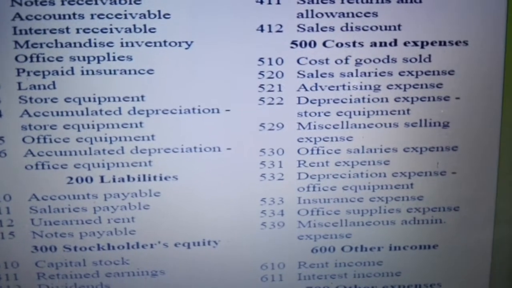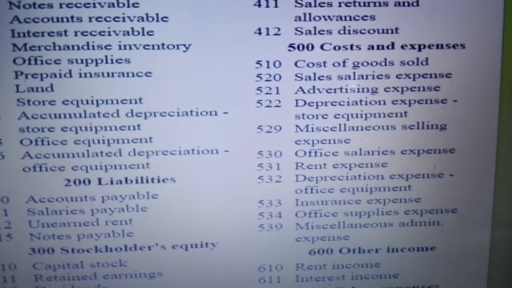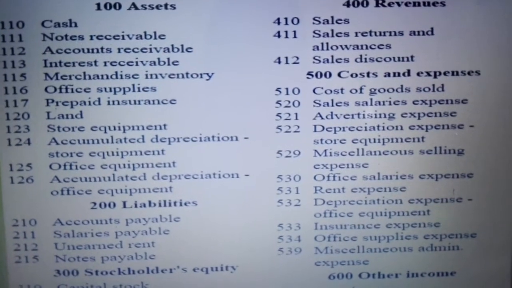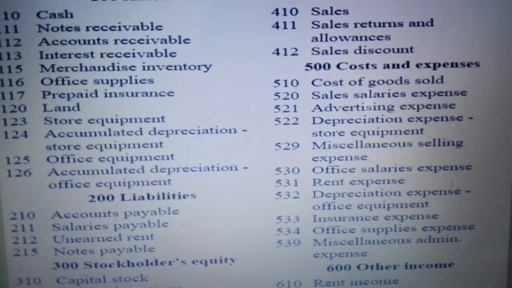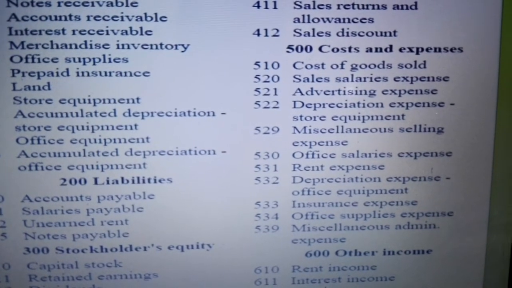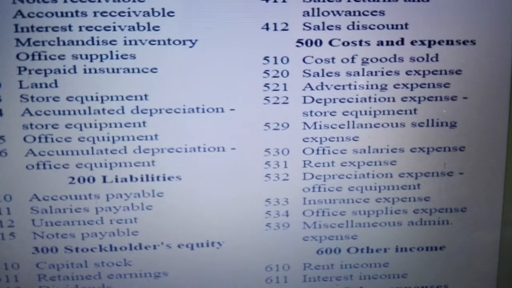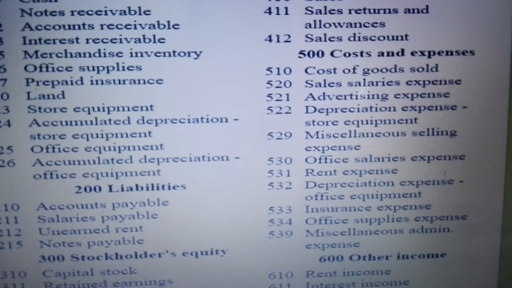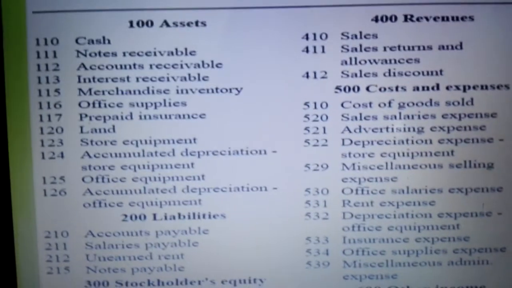Expenses, just like the utilities expense, are the reasons why you have a negative effect on the cash, because sometimes the company is paying office salaries expense, let's say rent expense, and you have miscellaneous expense. So a lot of expenditures of the company aside from the assets.